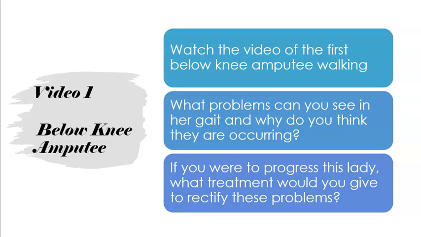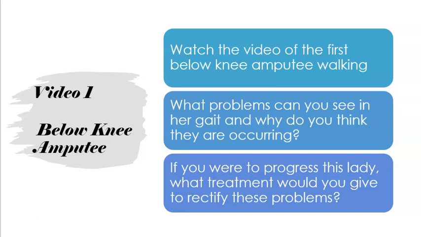Video 1 is a very tall female who's wearing a lovely dress, which is probably not appropriate for doing some rehabilitation because you can't see what's going on. So what we want to do is for you to have a watch of this video, and then you can clearly see kind of what this individual is doing.